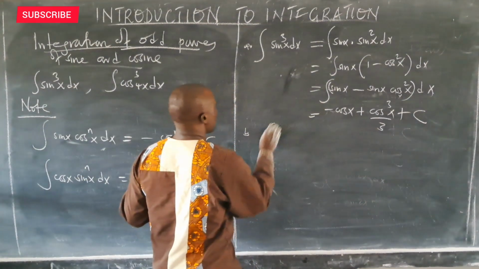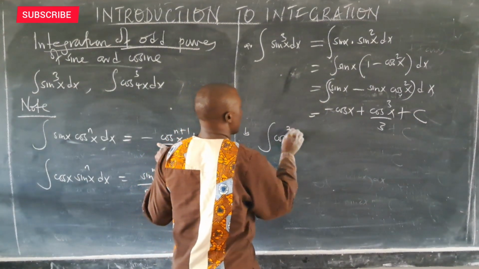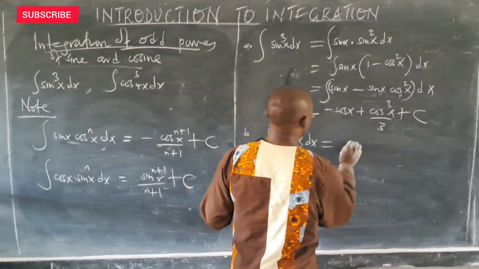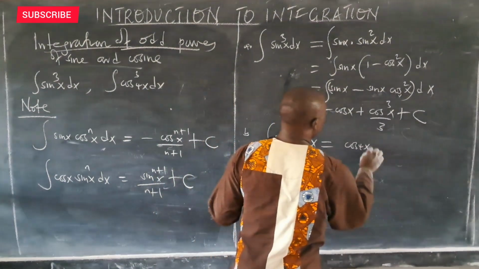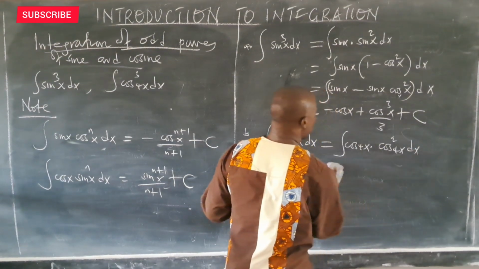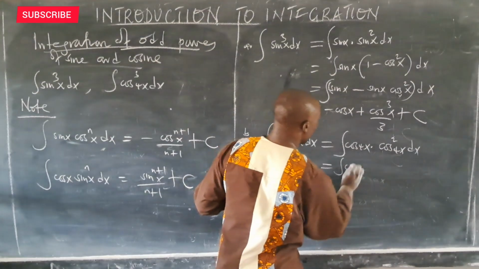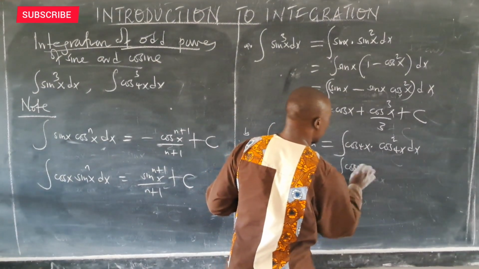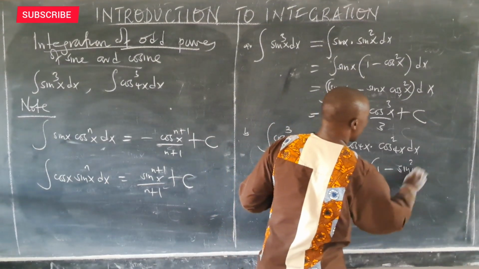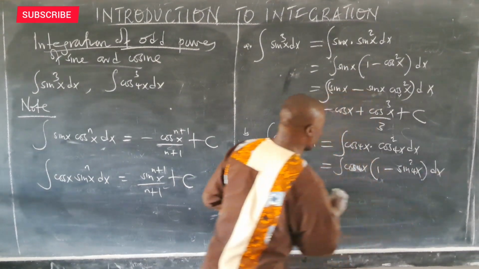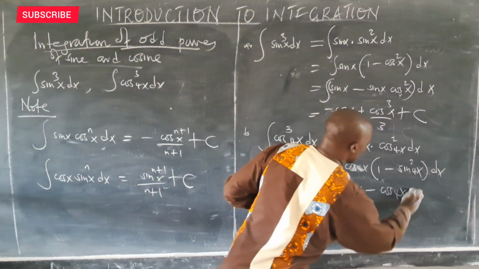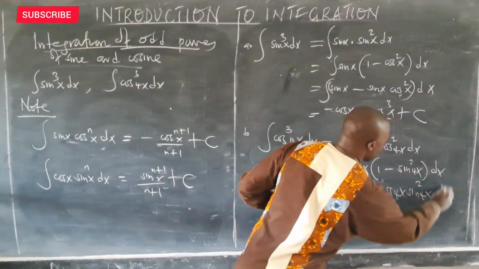Looking at part B, maybe the integral of cos cubed 4x dx. This now becomes cos 4x times cos squared 4x dx. Expanding this, it becomes the integral of cos 4x times 1 minus sine squared 4x dx. Expanding that, it becomes cos 4x minus cos 4x sine squared 4x dx.